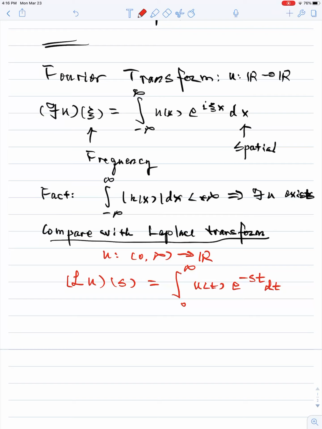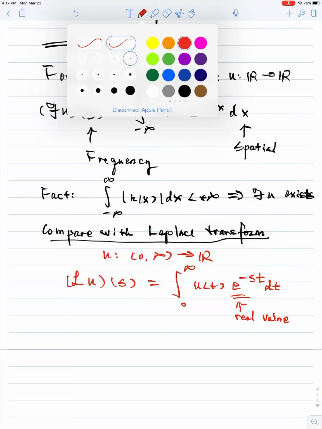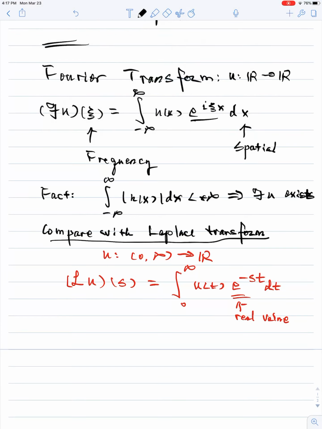Now, if you compare these two definitions, you know that this term here is a real value, but this term here is complex value.